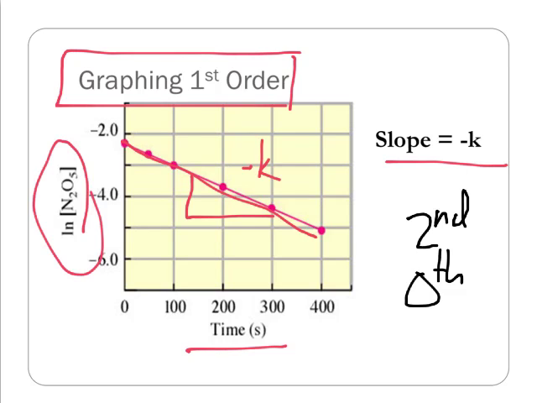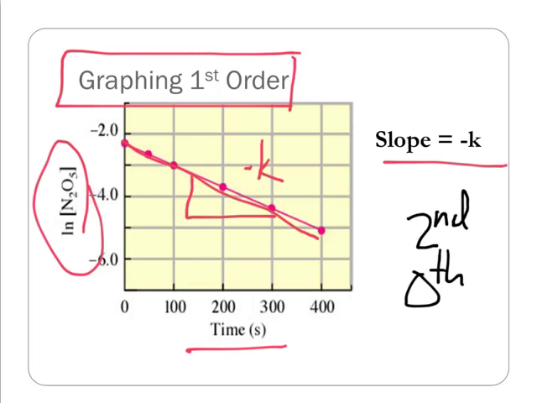Those different reaction orders will have their own straight-line relationships. We'll see those in the next video. But for now, if we graph the natural log of our reagent concentration versus time, and it comes out to be straight, that tells us that the reaction's first order, the slope of which would give us the rate constant. This is actually how real chemists might start to collect this data.